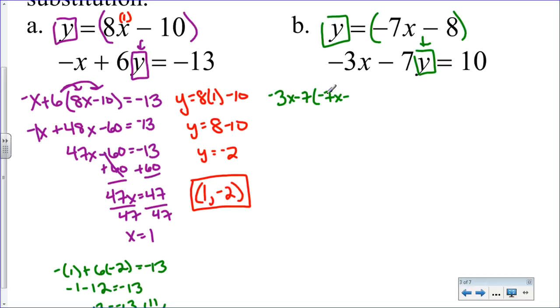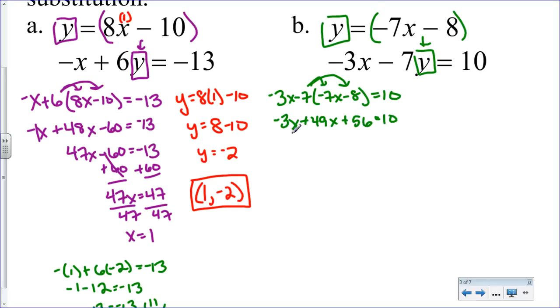So I have my quantity negative 7x minus 8. And then also be careful when you distribute to pay attention to the signs. So notice that I have a minus 7 there in front of my parentheses. I need to make sure I multiply by negative 7. So negative 7 times negative 7x is a positive 49x, and negative 7 times negative 8 is a positive 56.